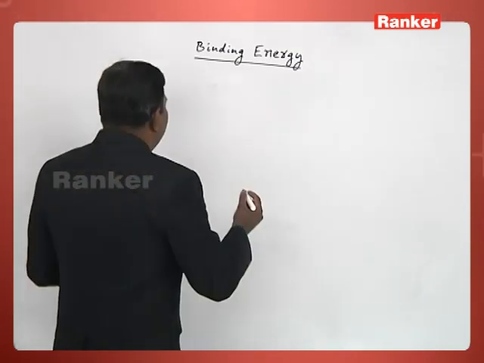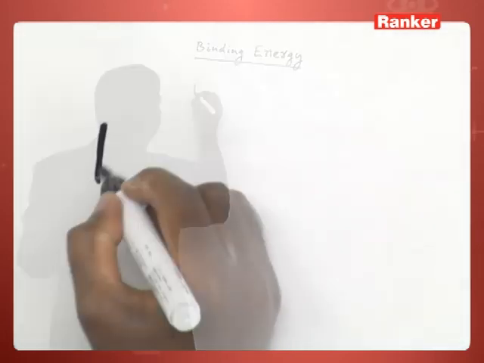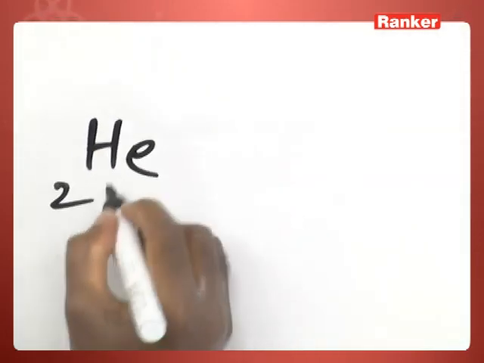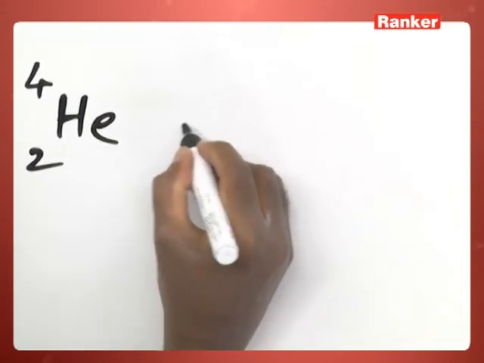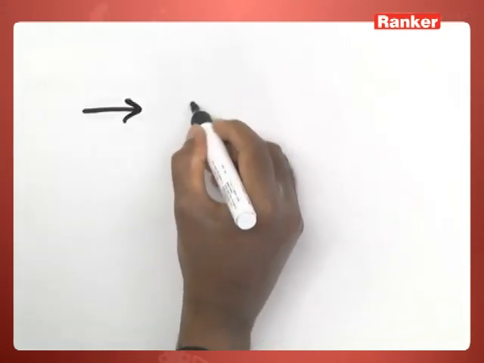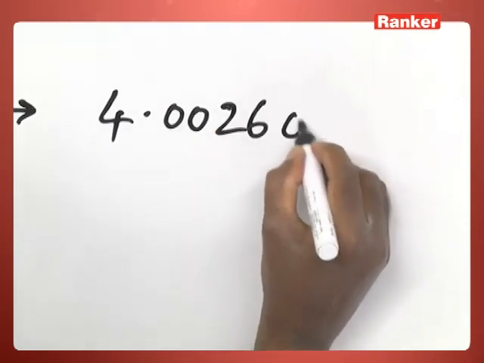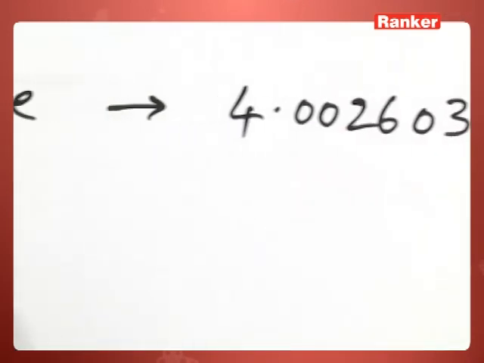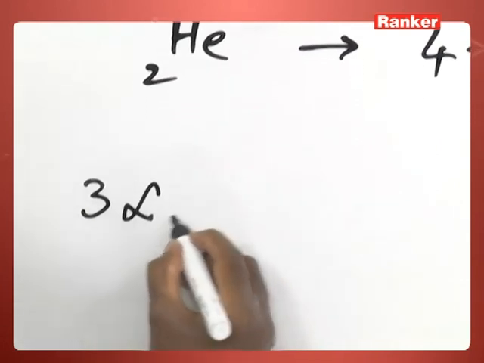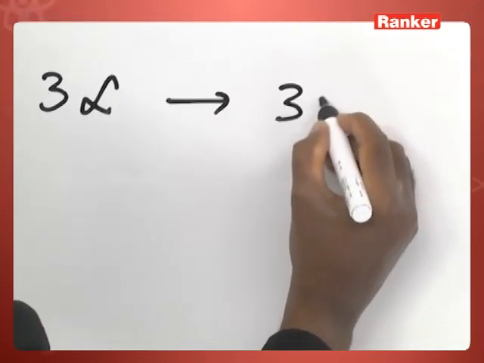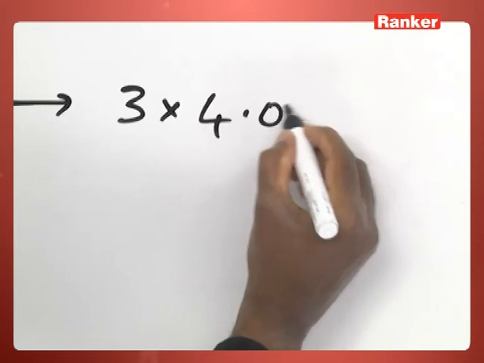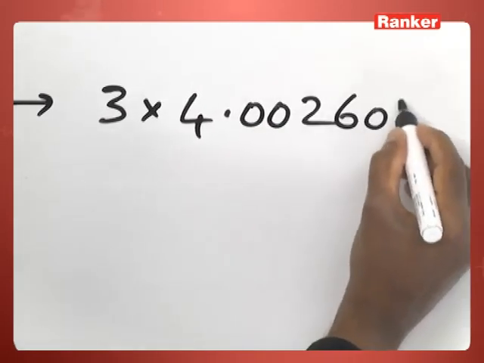So here the mass of each helium nucleus, that is the alpha particle mass, is given as 4.002603. There are 3 alpha particles. For 3 alpha particles, that will be 3 multiplied by 4.002603.